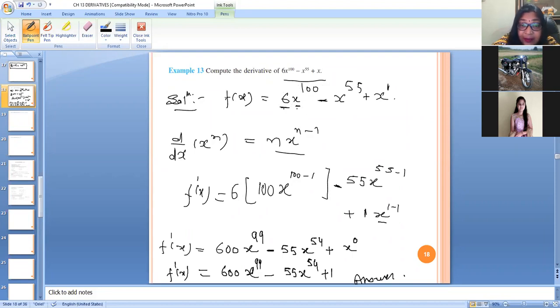So it is 100 x raised to power 100 minus 1, minus 55 x raised to power 55 minus 1, plus x raised to power 1, which gives 1 times x raised to power 1 minus 1. So f dash x is equal to 6 into 100, 600, x raised to power 99 minus 55 x raised to power 54 plus x raised to power 0. The consolidated answer is 600 x raised to power 99 minus 55 x raised to power 54 plus 1.